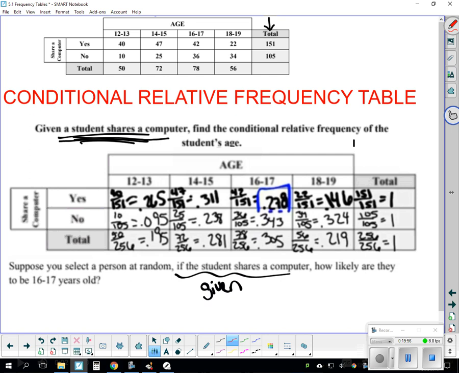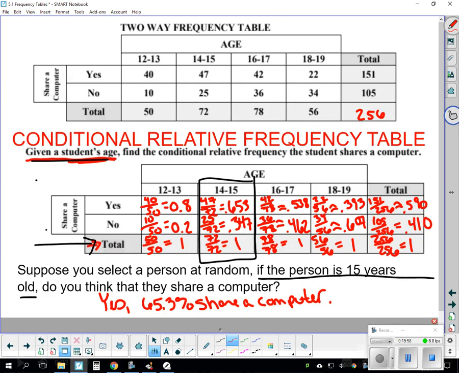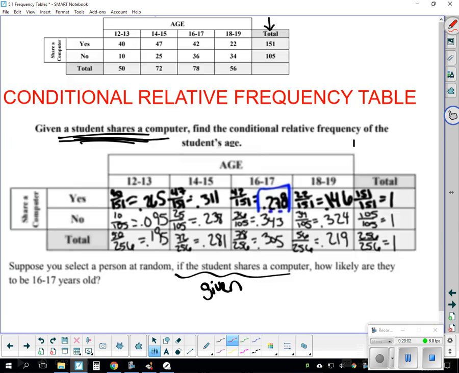Notice that your numbers are different in these two charts, very different, because they're all divided by different numbers. If you are given that the student shares a computer, how likely are they to be 16 to 17 years old? So given that they do share a computer and they're 16 to 17, that's this box that I already outlined. And that would be, you could say 0.278 or 27.8%.